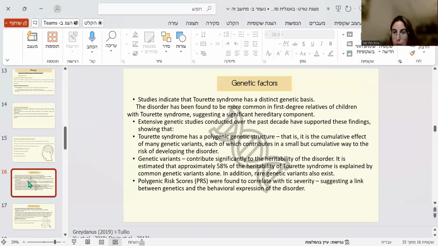In addition, rare genetic variants also exist. Polygenic risk scores were found to correlate with tic severity, suggesting a link between genetics and the behavioral expression of the disorder.